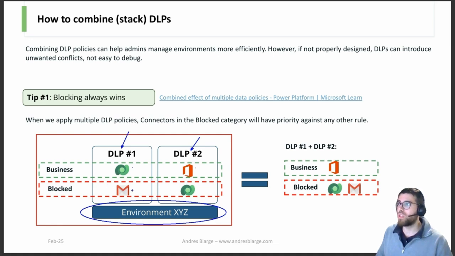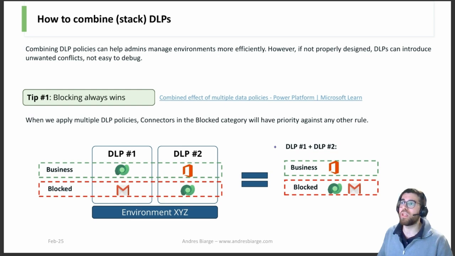And in the blocked, Gmail, Google Mail, and Dataverse for DLP2. What's the result? Blocking always wins. So because we are applying two DLPs at the same time for the same environment, the result is basically that none of these connectors, not Dataverse nor Gmail, can be used in this environment. The only connector that can be used is Office 365 Users.